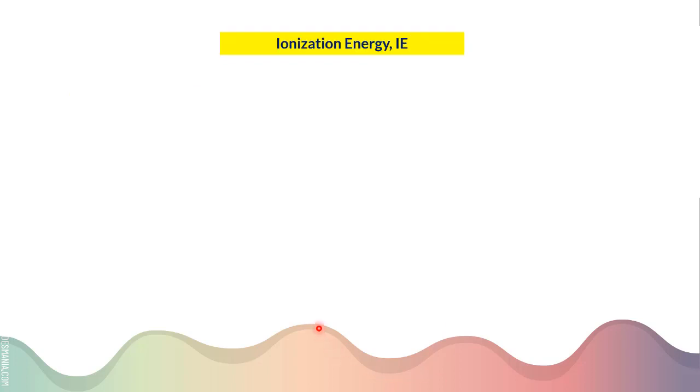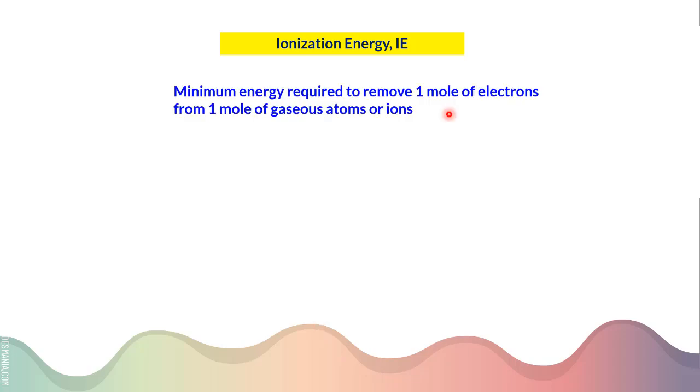Ionization energy, IE. It is defined as the minimum energy required to remove 1 mole of electrons from 1 mole of gaseous atoms or ions. For example, for removal of 1 mole of electrons from 1 mole of magnesium gaseous atoms to form Mg+ gaseous ions, 738 kilojoules of energy is required.